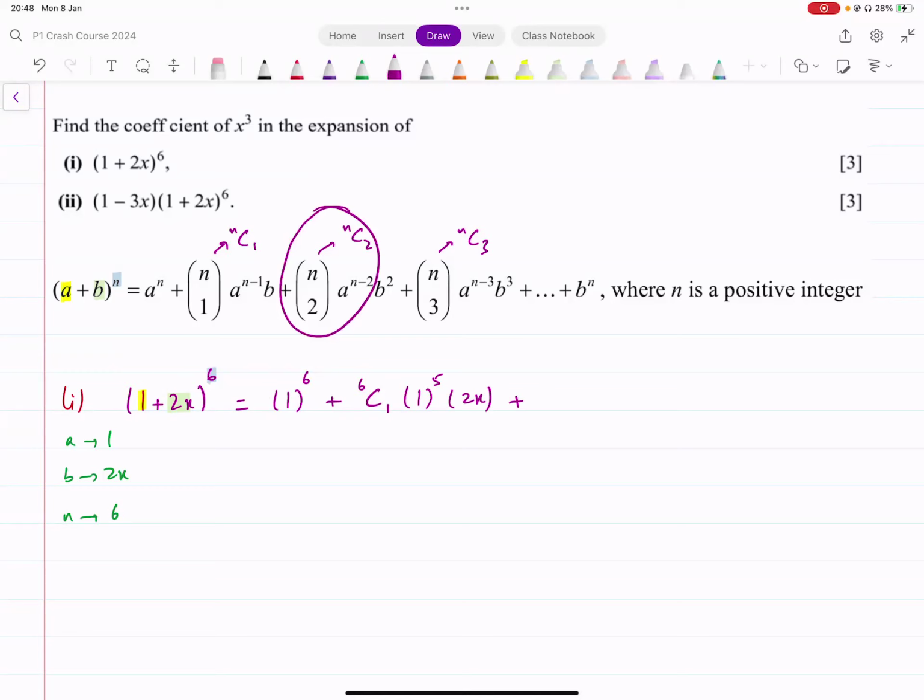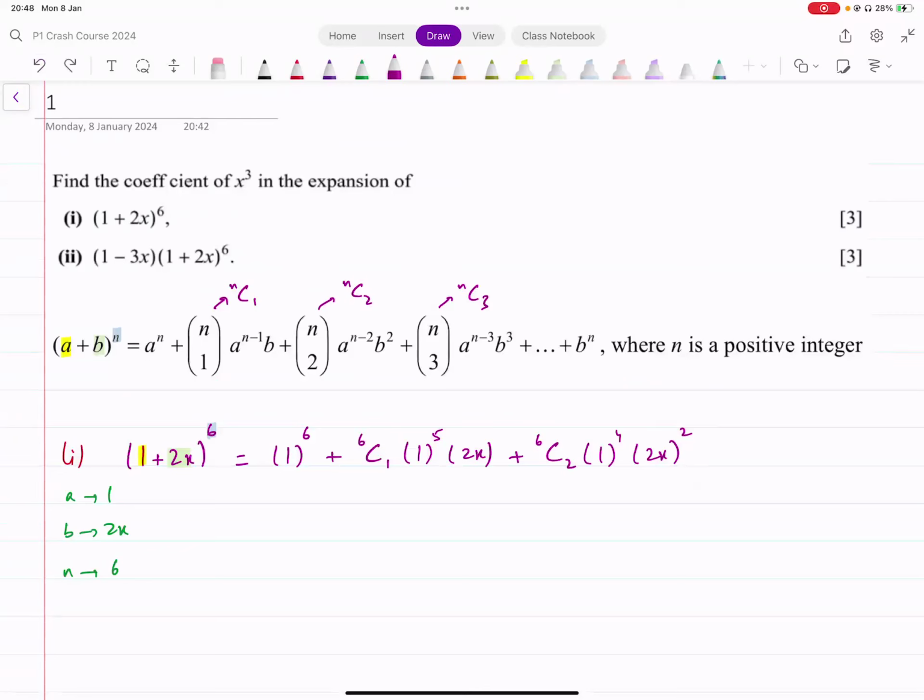That's this one. 6C2 into a, which is 1 raised to power 6 minus 2, which is 4. This power is going to increase now. (2x) whole squared. Now, keep your eyes open in the sense of what you were looking for. You were looking for x cube. Do we have x cube yet? We have x squared already.